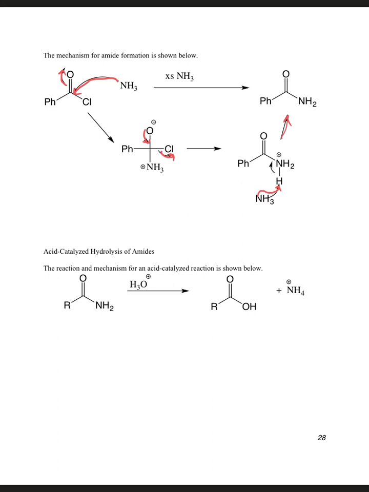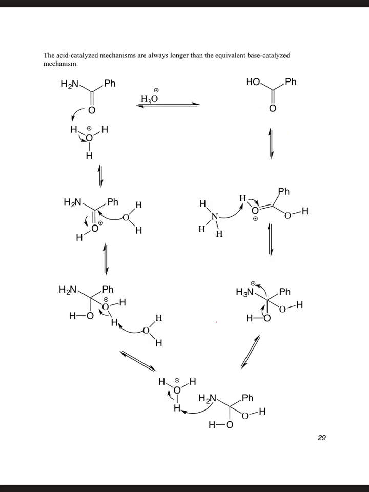Now what can we do with an amide? We can do acid catalyzed hydrolysis to the carboxylic acid, of which the mechanism, as I unfortunately flashed to the next screen, we can draw, and it's very similar to all the other acid catalyzed mechanisms we've shown. The first thing we do is protonate it because we're in acid.